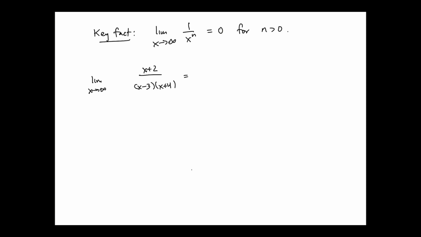For the sake of demonstration, I don't have to do this, but it might make things easier to see. Can I go ahead and FOIL out everything in the denominator? What does it FOIL out to? X squared plus x minus 12.